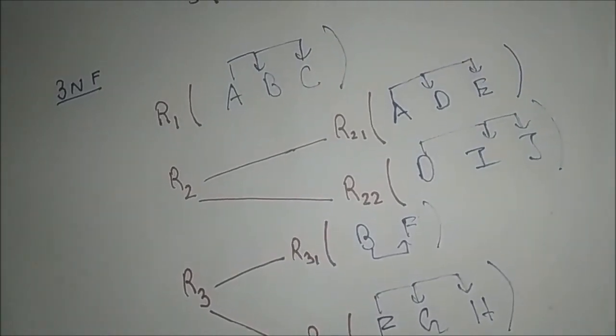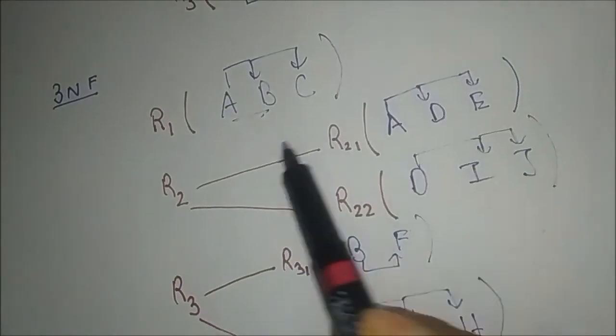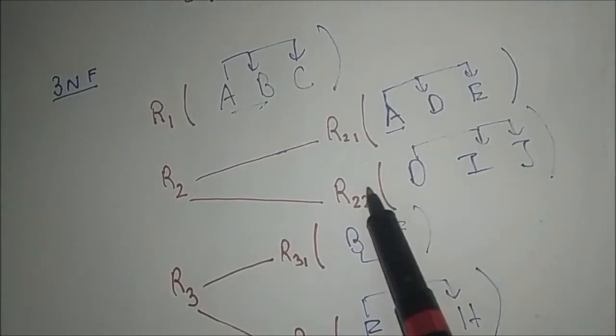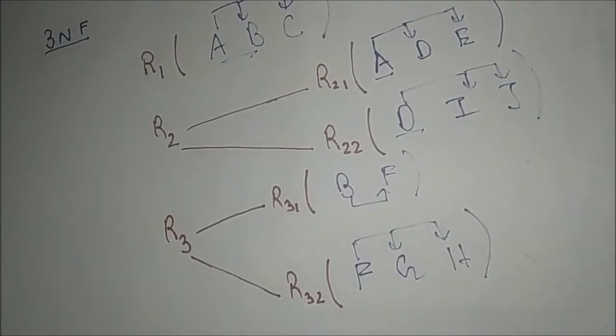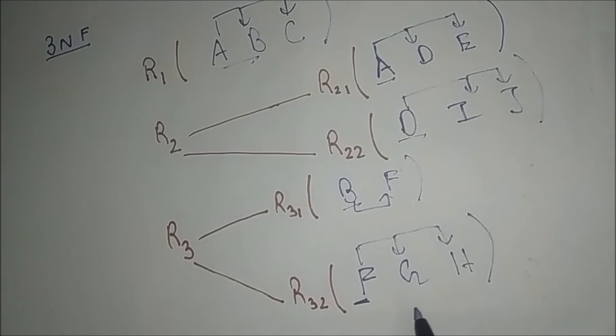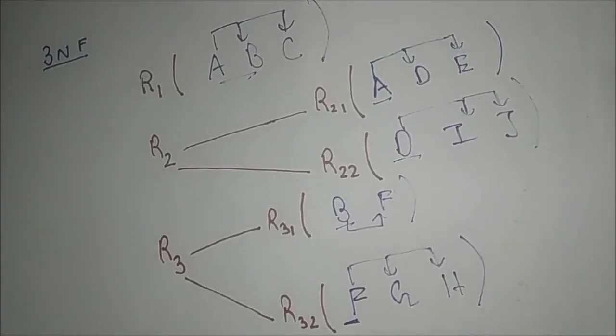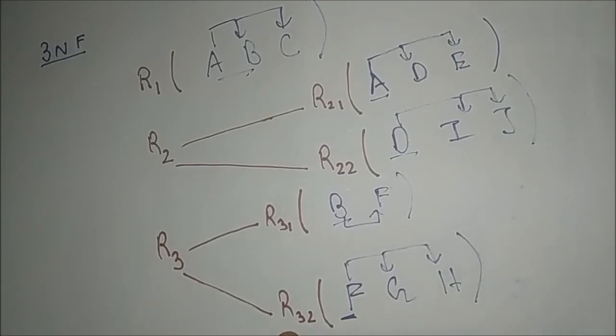Now for every relation, R1: AB is the candidate key, R21: A is the candidate key, D is the candidate key for the other. For every relation, separate candidate keys are there, R31: B, R32: F. Now see, there is no case of transitive and partial dependency.